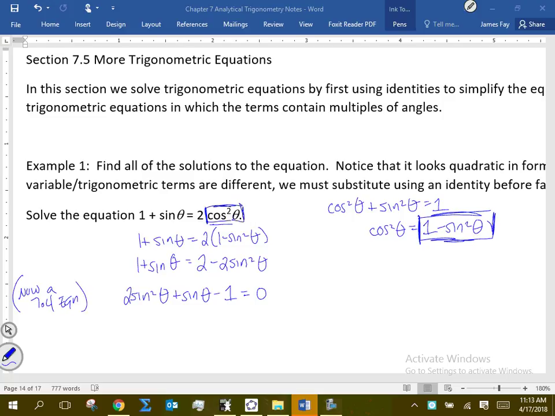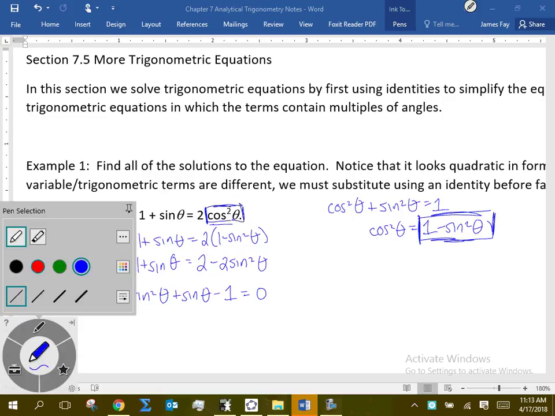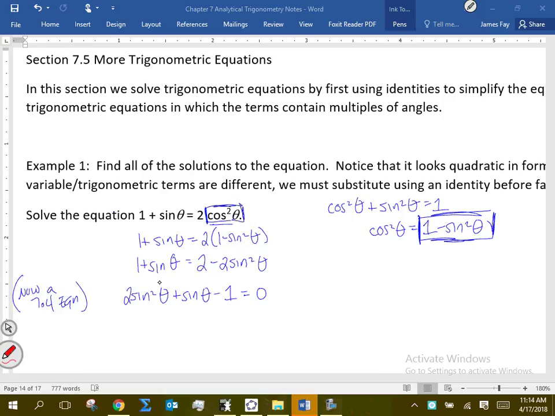And at that stage, you now have an equation similar to those of section 7.4. Because this is quadratic, we have something squared, something to the first power, and then our constant, like an ax squared plus bx plus c format.